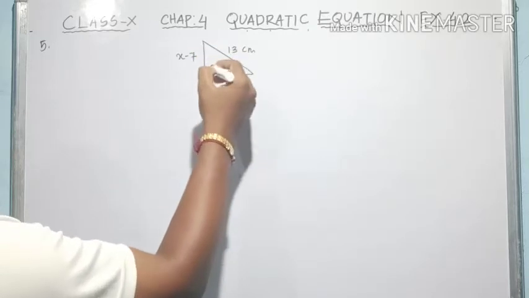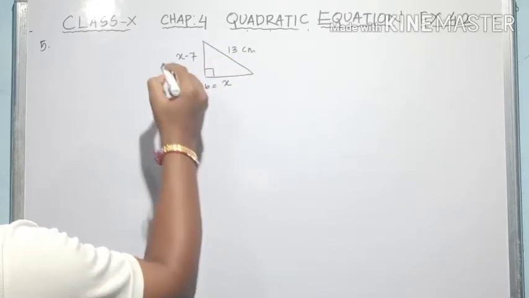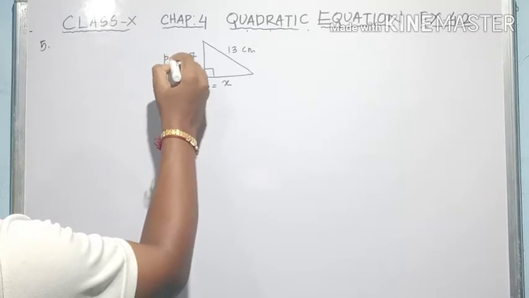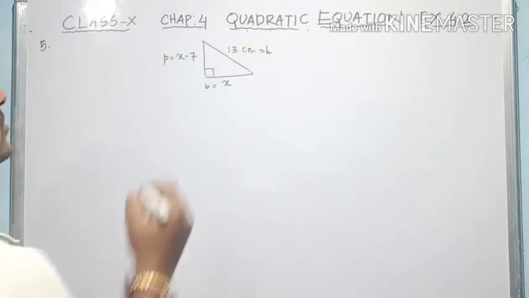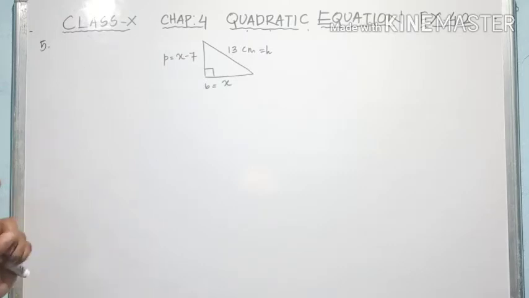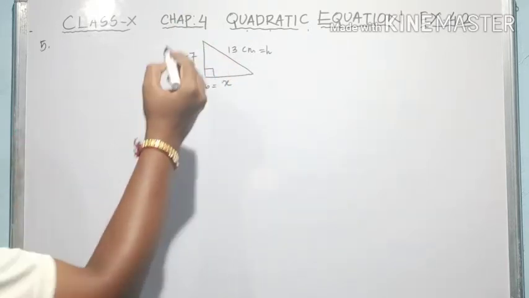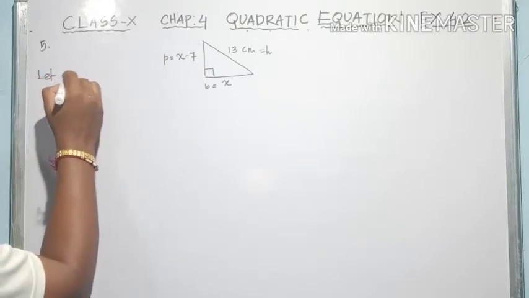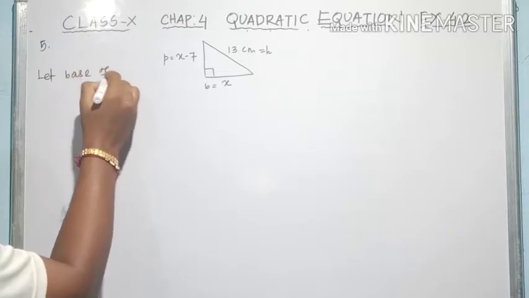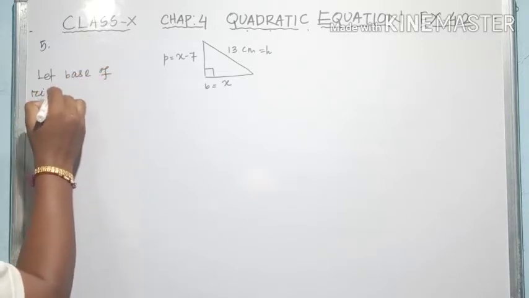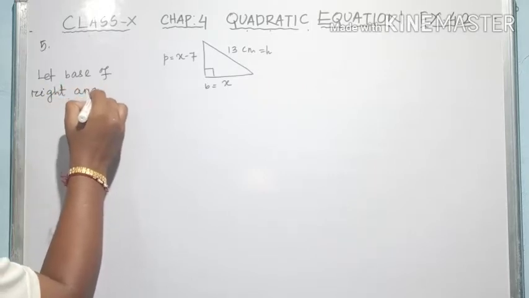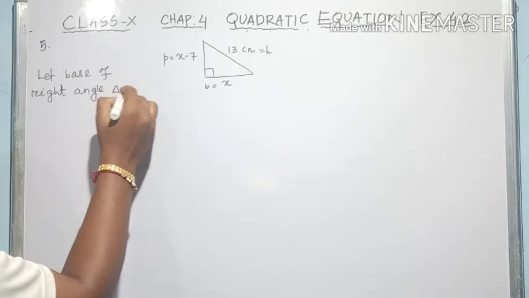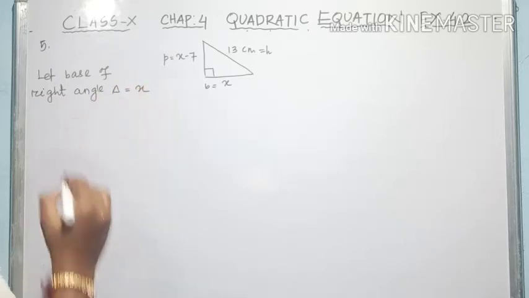So now here is the base, here is the altitude, and here is the hypotenuse. By using Pythagoras theorem, we can form a quadratic equation. Let's start. Let the base of the right angle triangle be equal to x.